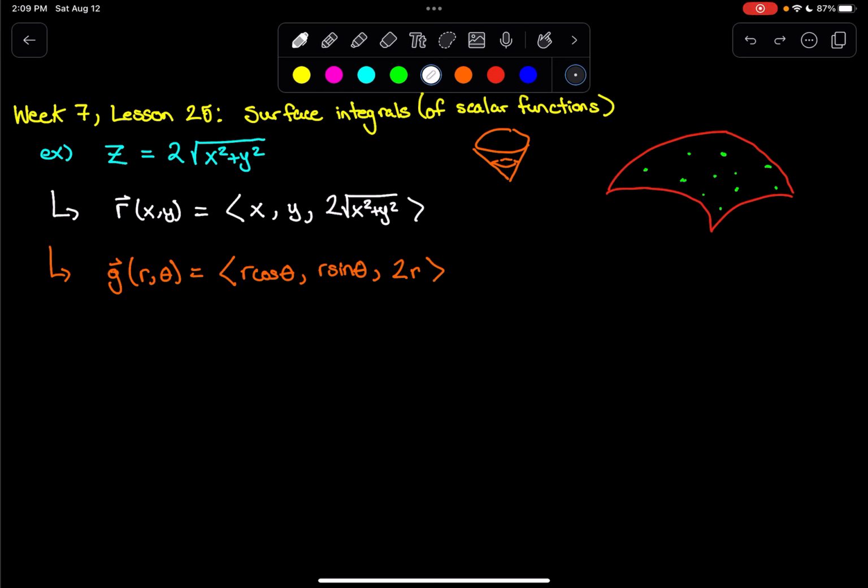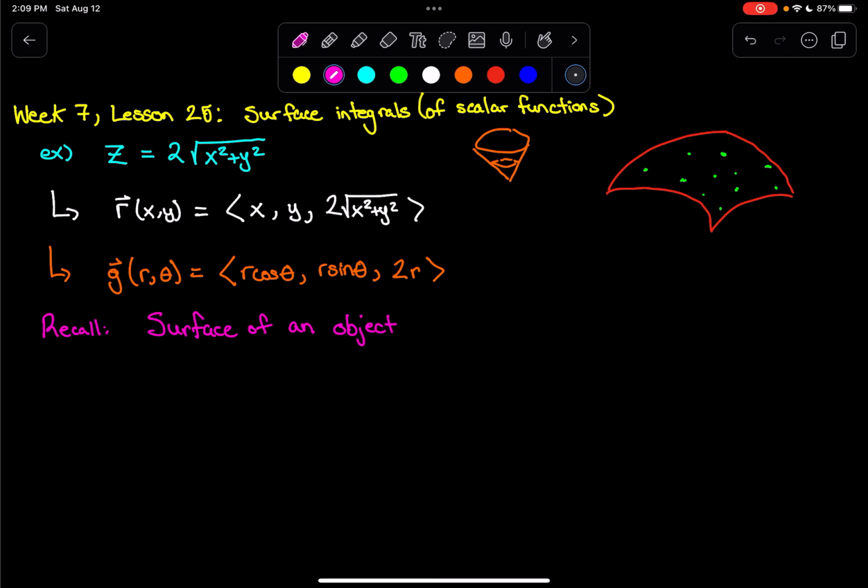And in order to do that, we're going to need to recall something that we did earlier in the course. We're going to need to recall an equation, and that equation is the surface area of an object. And there's a really nice formula for this.